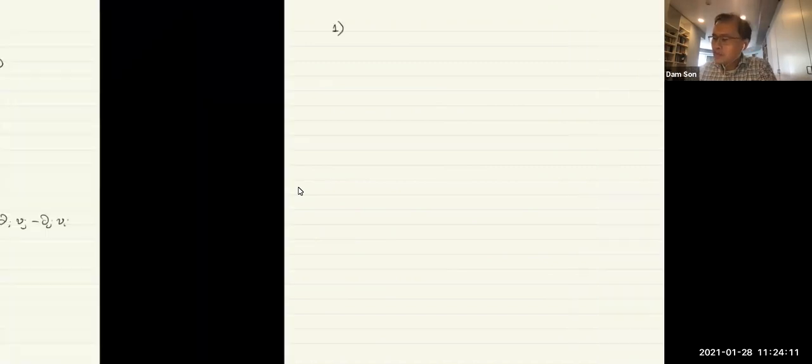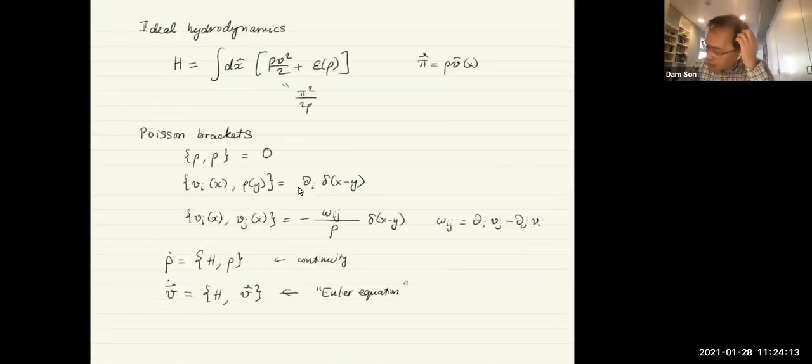So the first thing: these Poisson brackets look a little bit random the way they are written here. I'm going to show you that actually they do make sense.